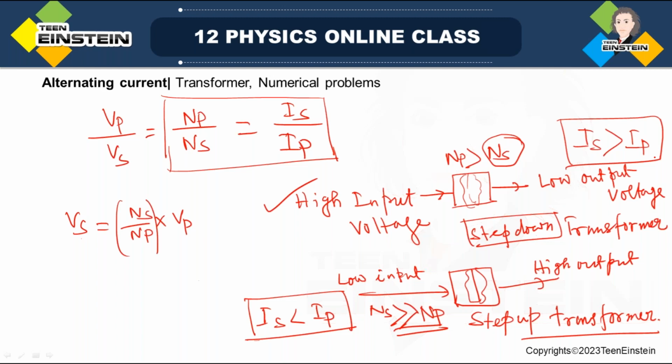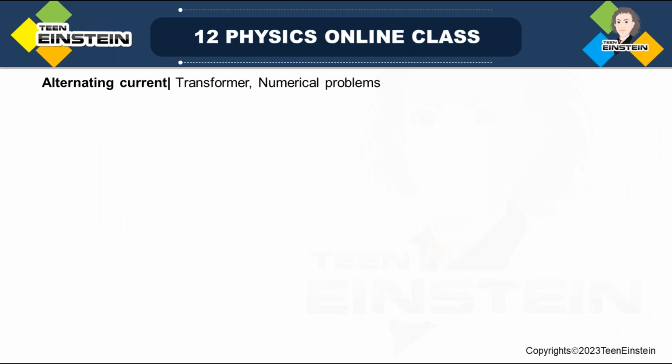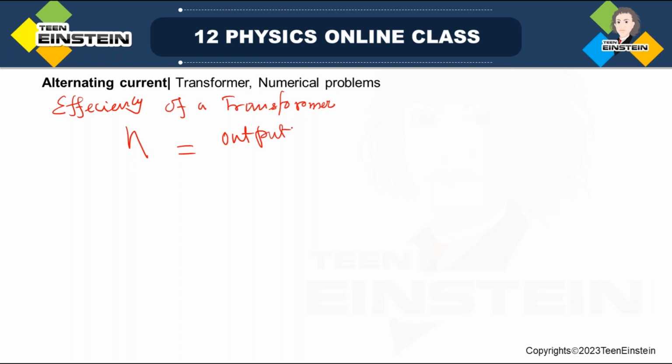Now, efficiency I have told already. The efficiency of a transformer is output power divided by input power, into 100.